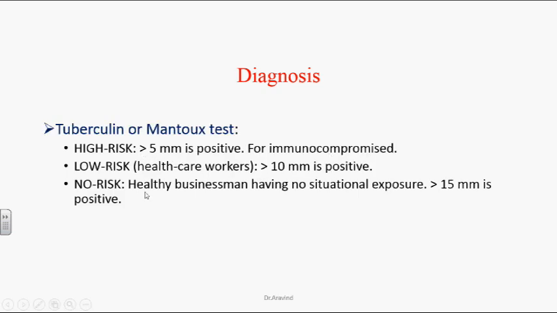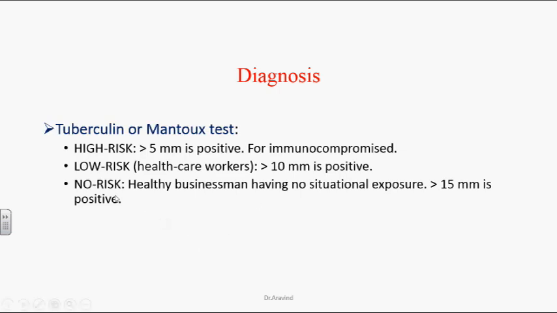In low risk individuals, mostly healthcare workers, more than 10 millimeters induration is positive, even though they are low risk. Why? Because the immune response is very much active. Because of the immune response we can see the induration around the injected site.